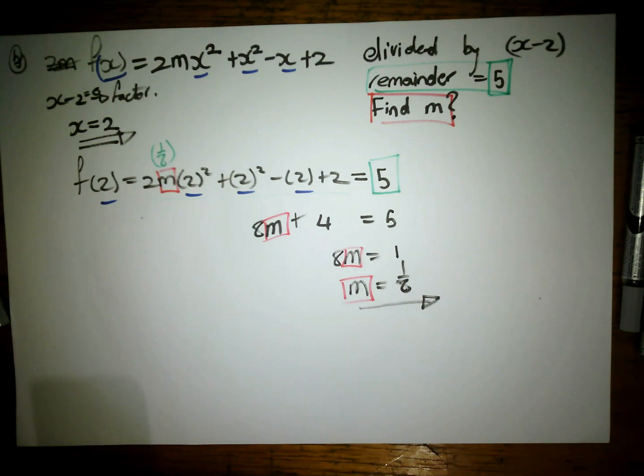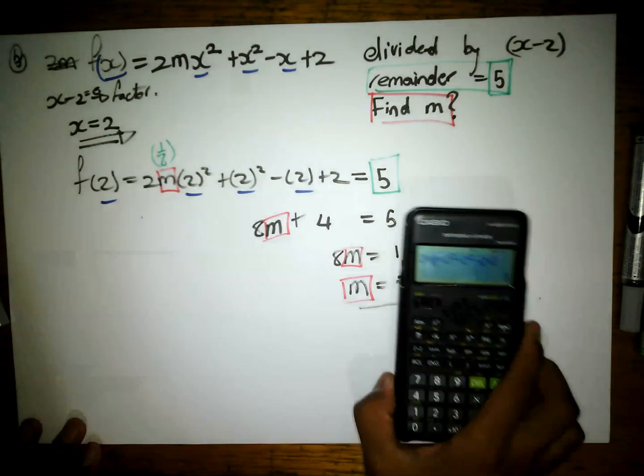We also do it 2 times 1 over 8 times 2 squared plus 2 squared minus 2 plus 2. Now there I get my 5.